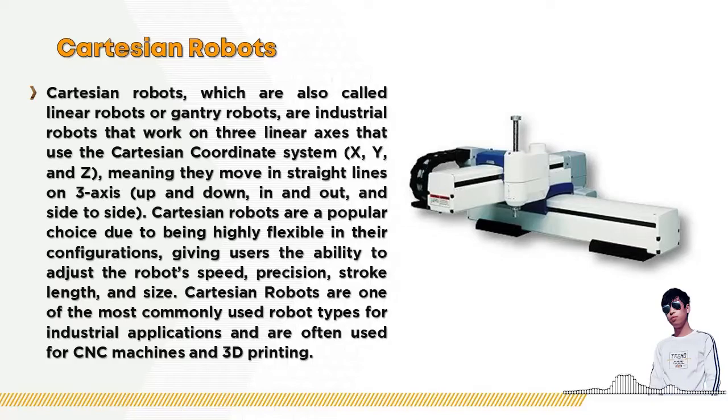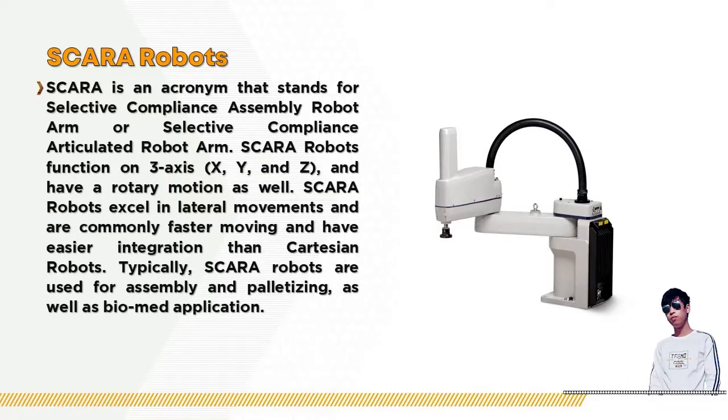Cartesian robots are a popular choice due to being highly flexible in their configurations, giving users the ability to adjust the robot's speed, precision, stroke length, and size. Cartesian robots are one of the most commonly used robot types for industrial applications and are often used for CNC machines and 3D printing.